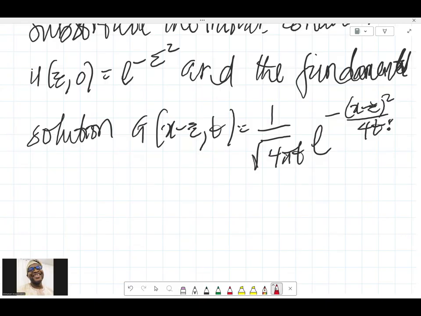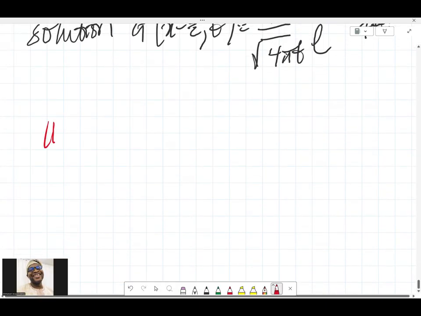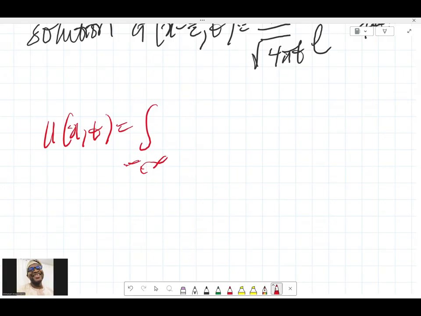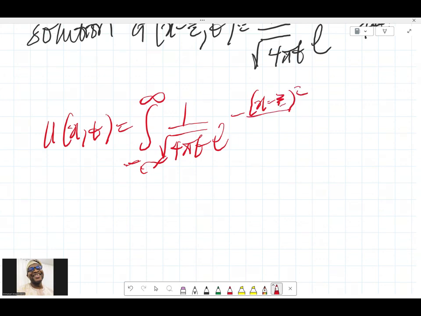So if we do that, what do we get? We get u of x comma t, which is the integral from minus infinity to infinity of 1 over square root of 4 pi t e raised to minus x minus psi all squared all over 4t, multiplied by e raised to minus psi squared d psi.